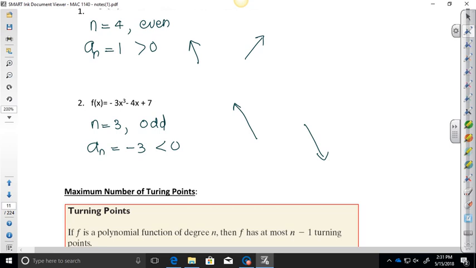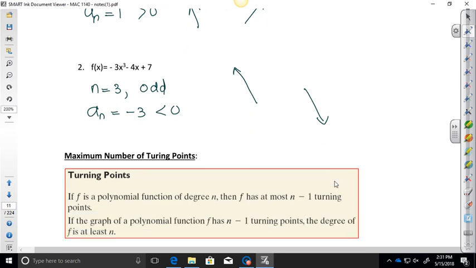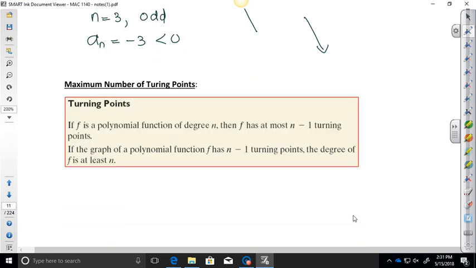We have one more thing to do, the maximum number of turning points. Turning points are those peaks and valleys. A function can have at most n minus 1 turning points if n is the degree. At most, that doesn't mean it has to have n minus 1. It could be any number less than that.